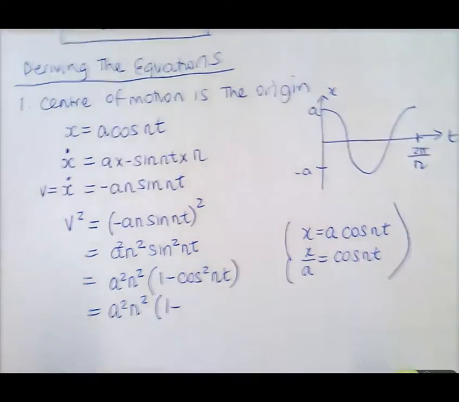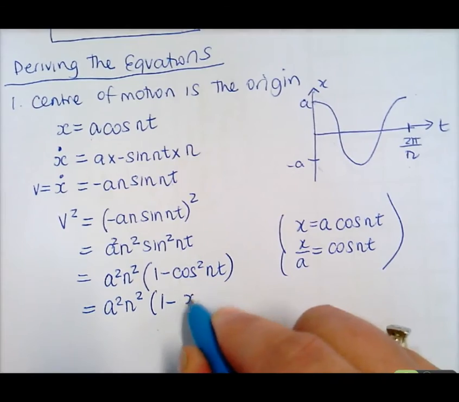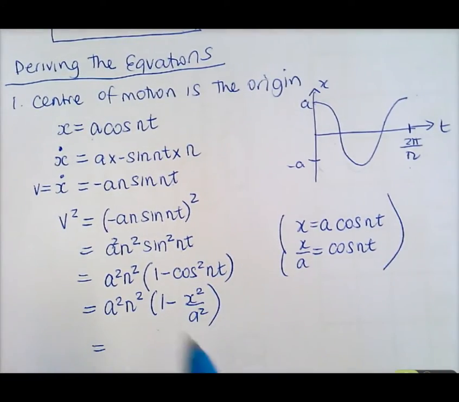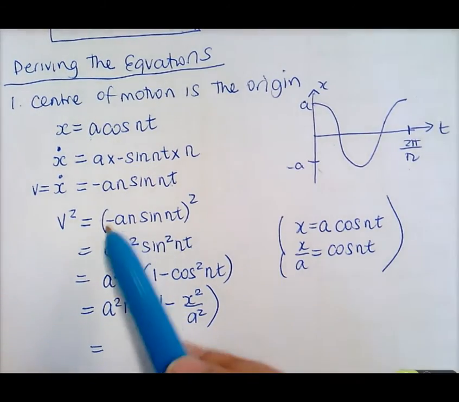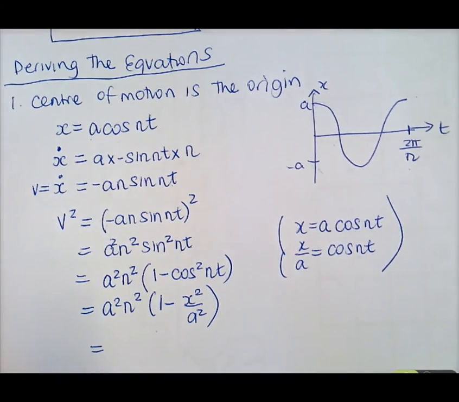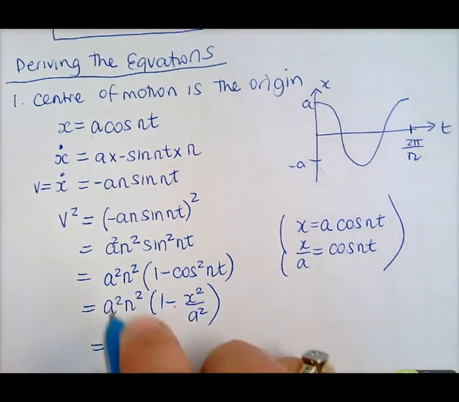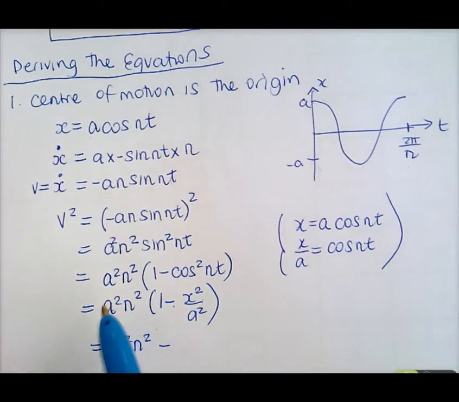So what does cos squared nt equal? Just square both of those. What can I write? X squared on a squared. Now multiplying each term. What happened on negative? When you square a negative, yeah, that's what I thought. Now multiplying a squared n squared by both of those, I get a squared n squared minus, if you multiply that by 1, you get a squared n squared.